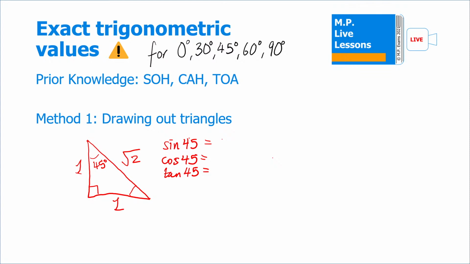We'd have opposite followed by hypotenuse. So you do 1 divided by square root of 2, you'd rationalise this, this becomes root 2 over 2. Cos 45 happens to be the same, 1 divided by root 2, root 2 over 2. Tan 45 is opposite divided by adjacent, so it'd be 1 divided by 1, which is just 1.